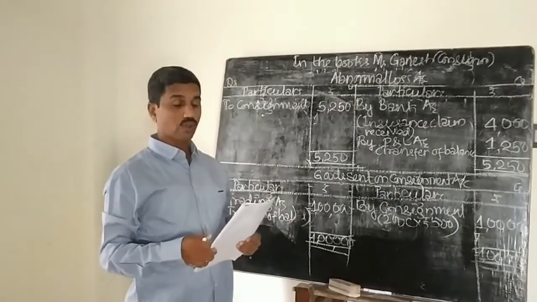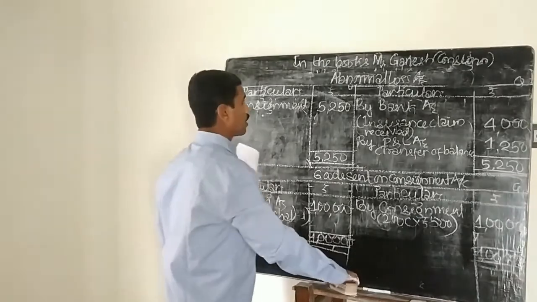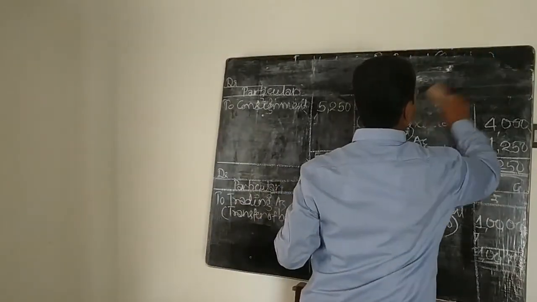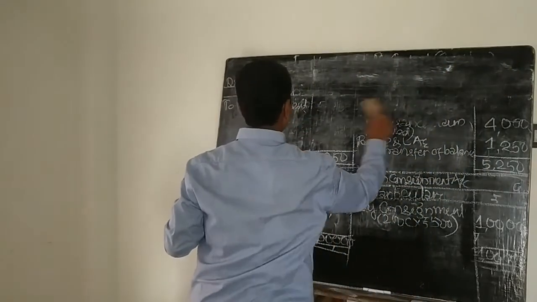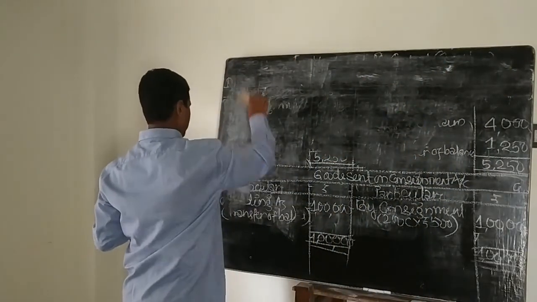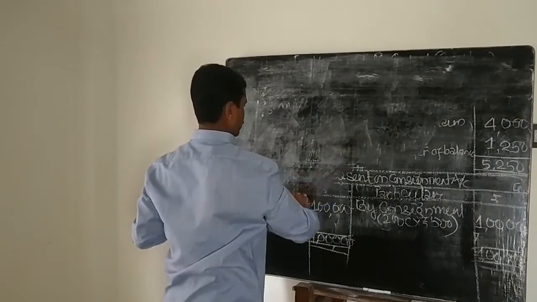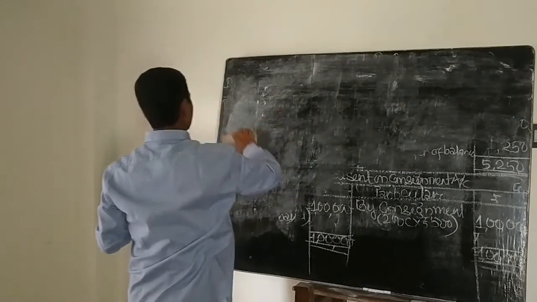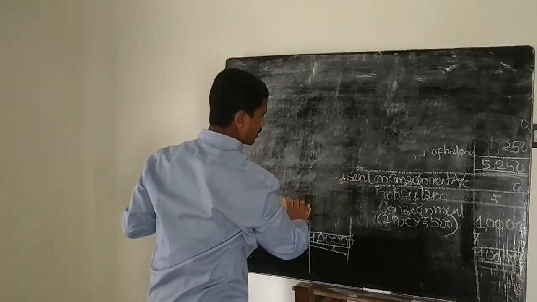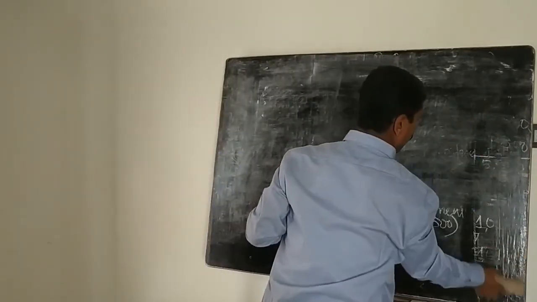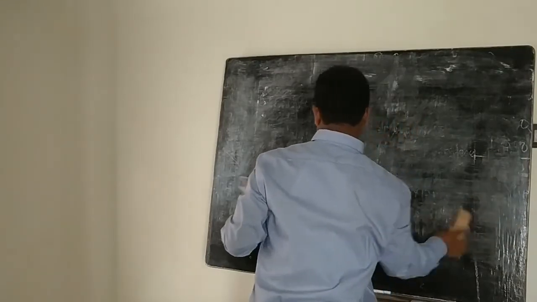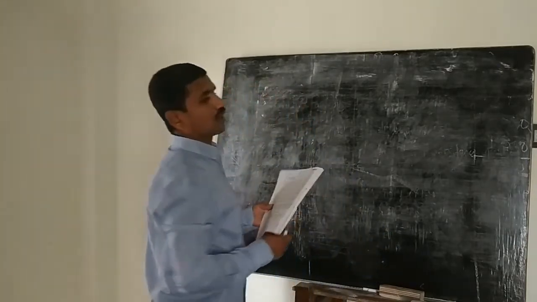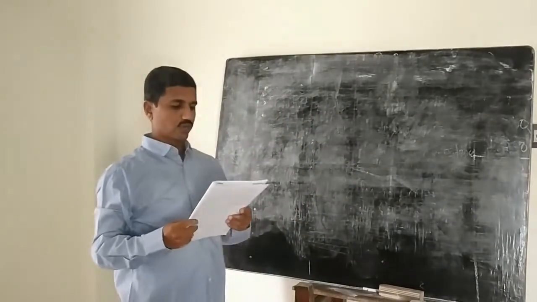Now we need to analyze this case. For that reason we need to find out how much is the profit on consignment, because we need to advise the consignor whether he should open a branch or continue with the consignment transactions only.